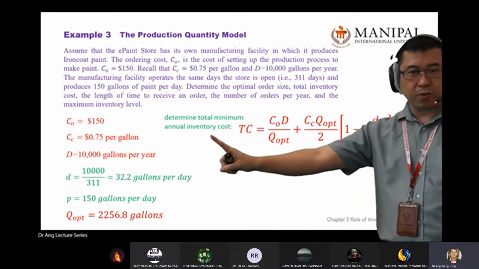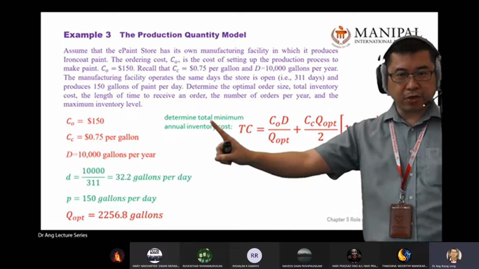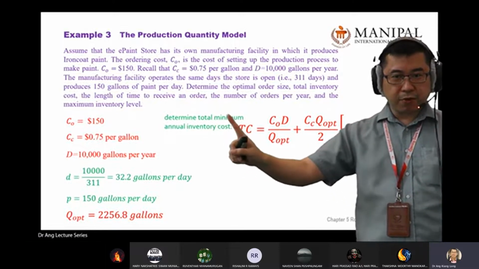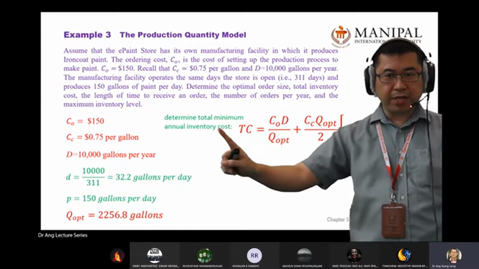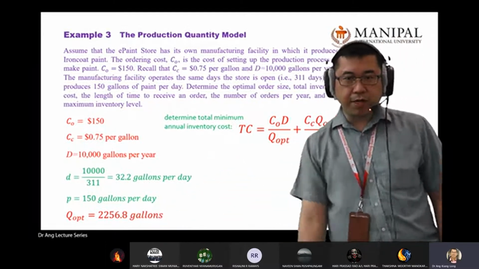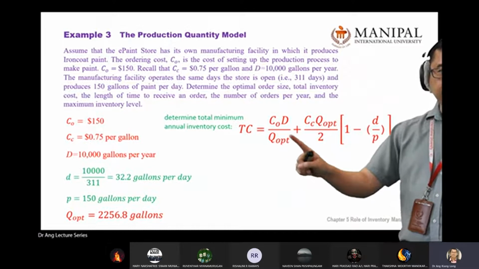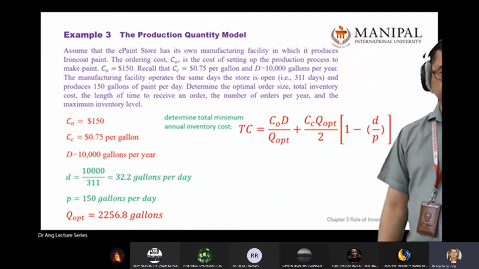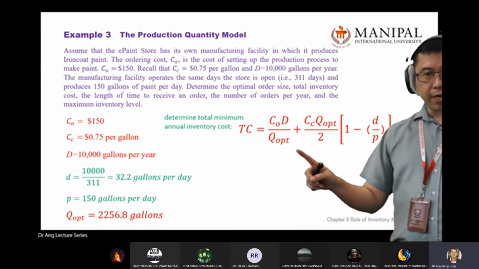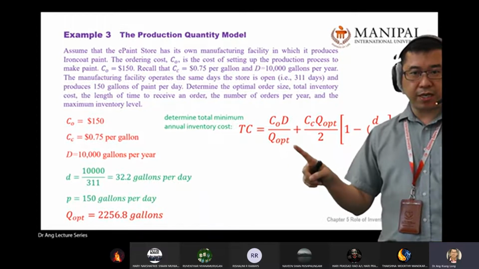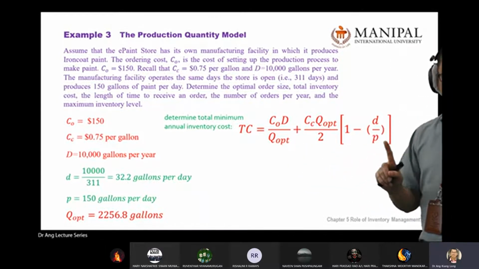But here, why total minimum and not total maximum? Because if you want to find the minimum annual inventory cost, you use Q optimum for the Q inside the equation. You substitute Q, D, all these numbers there. You have D and P.